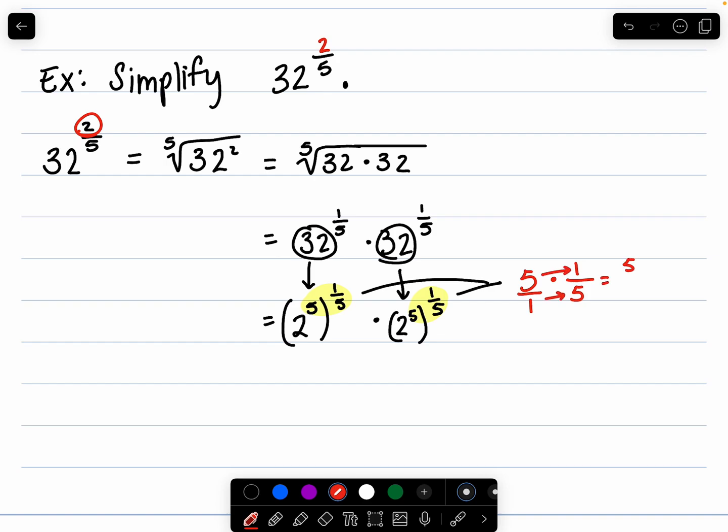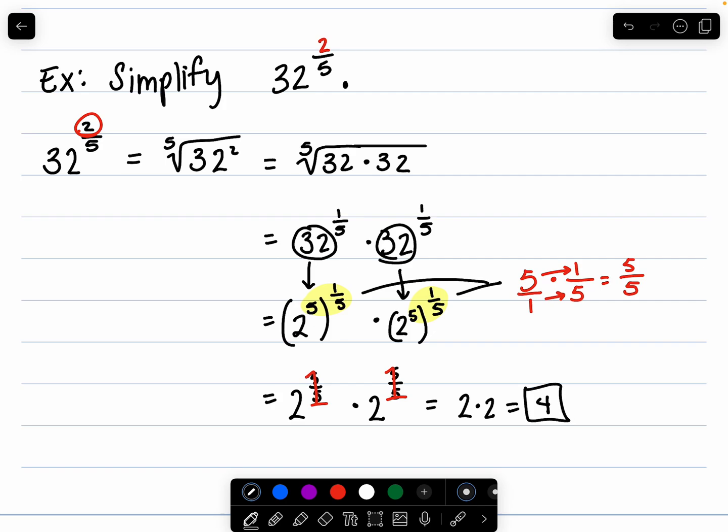So you should get 5 over 5. So we get 2 to the 5/5 times 2 to the 5/5. And we know that 5/5 is just 1. So this becomes 2 times 2, which is 4.